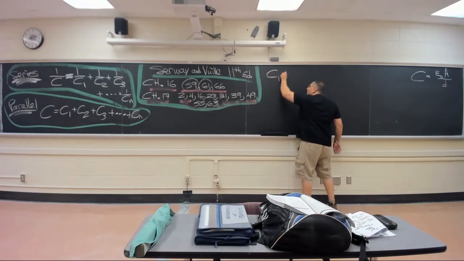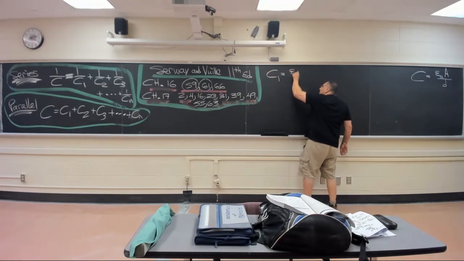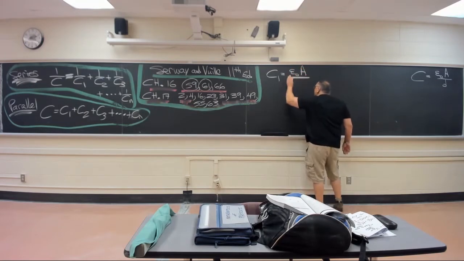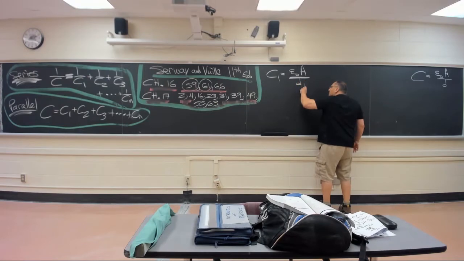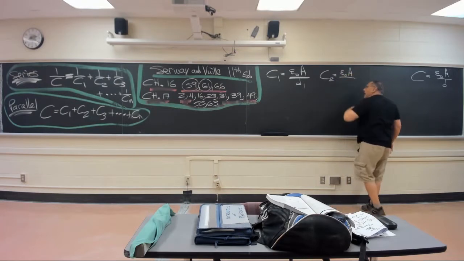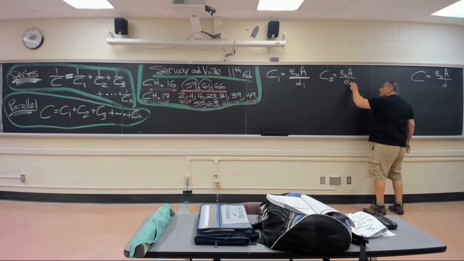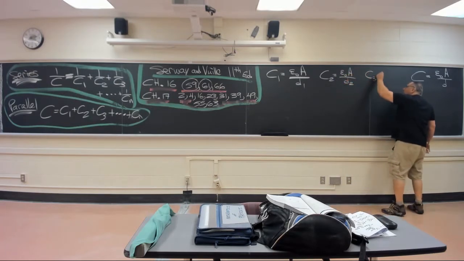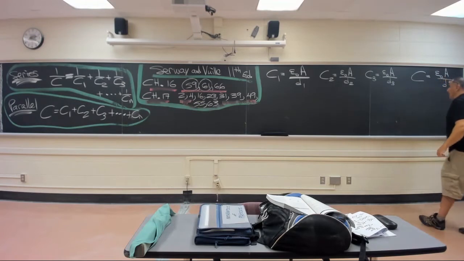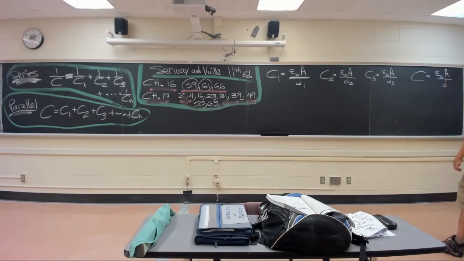That means that C1 is E naught A1 over D1, and A1 is just A. They all got the same area. D1 is the separation on that one. C2 is E naught A over D2, and C3 is E naught A over D3. Great. Let's put these guys in series.